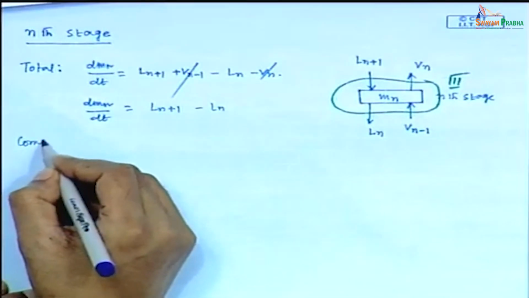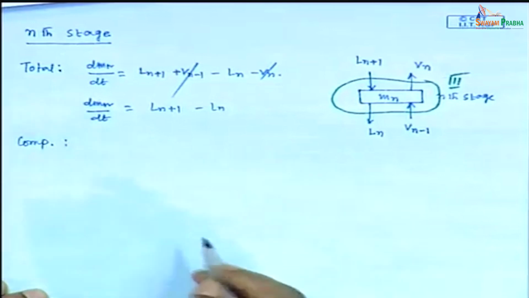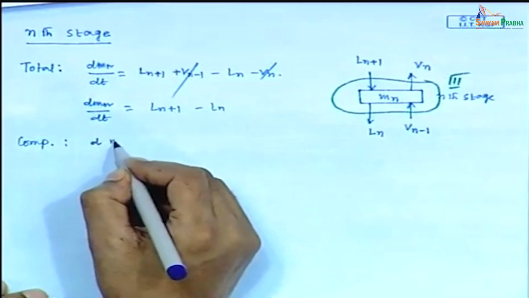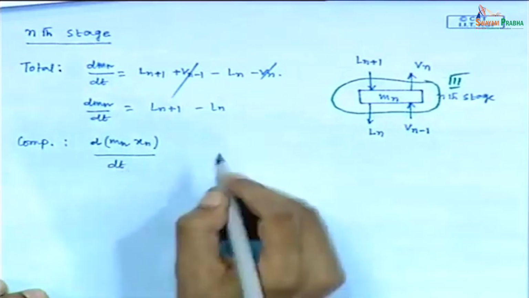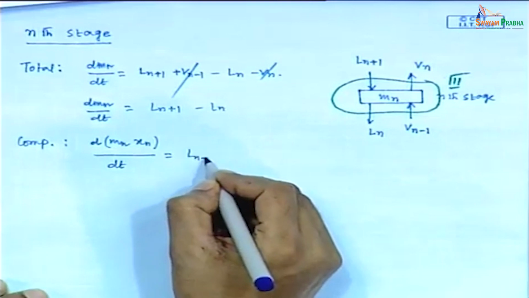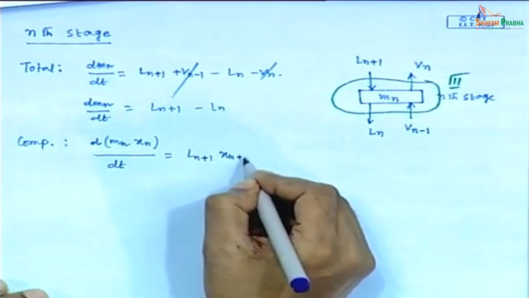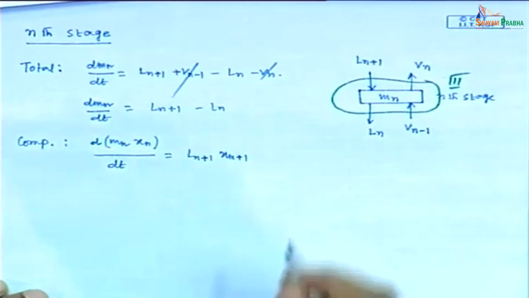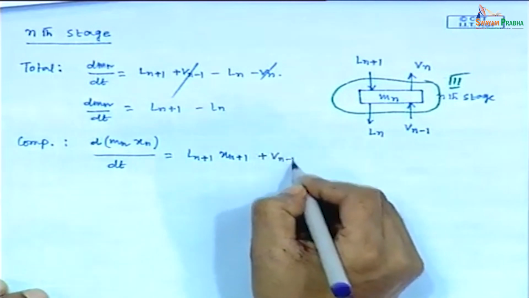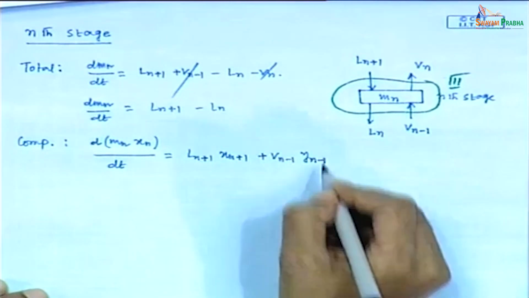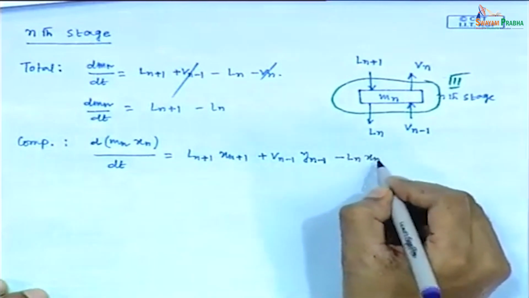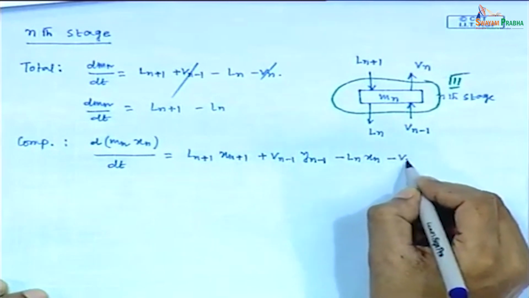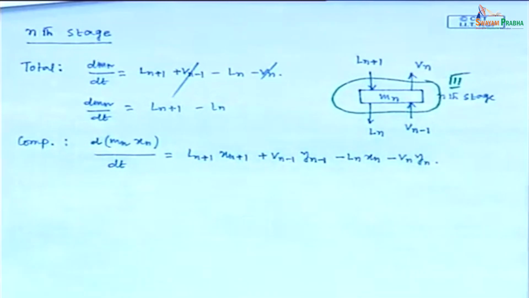What will be the component mass balance? d(Mn xn)/dt equals Ln plus 1 xn plus 1 plus Vn minus 1 yn minus 1 minus Ln xn minus Vn yn.